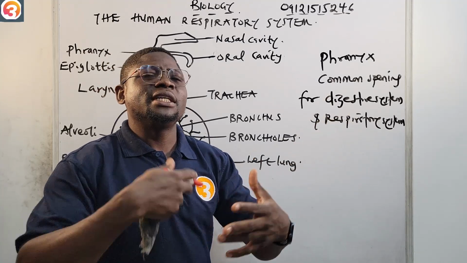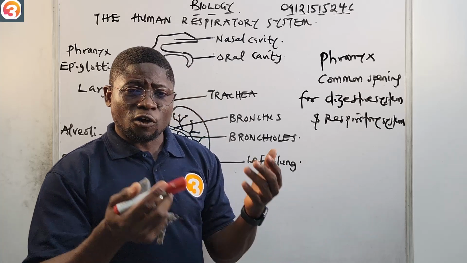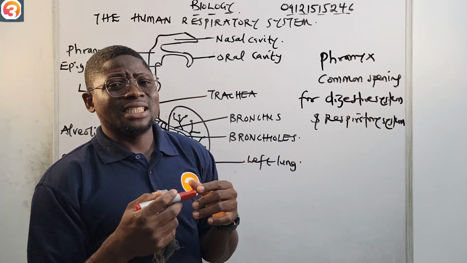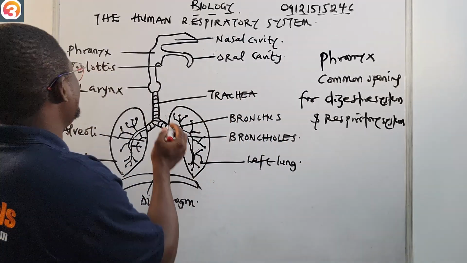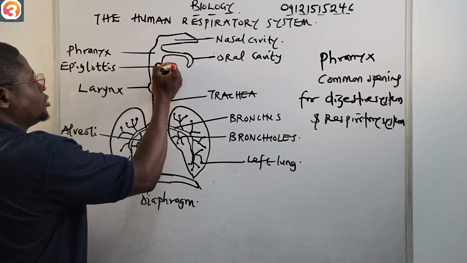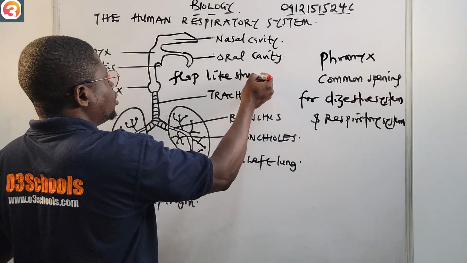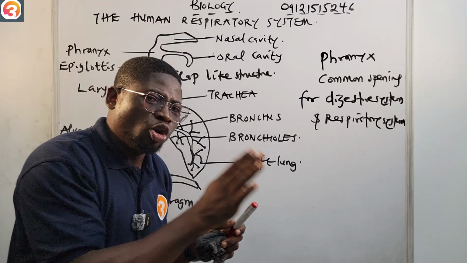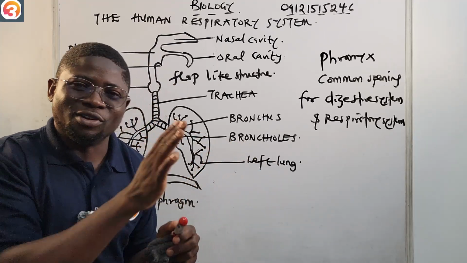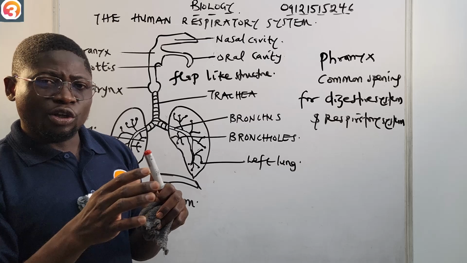And how does our body know that it is actually food that we want to swallow? If it is food that is coming and we want to swallow, the epiglottis, this flap-like structure, will close the respiratory side of the pharynx.